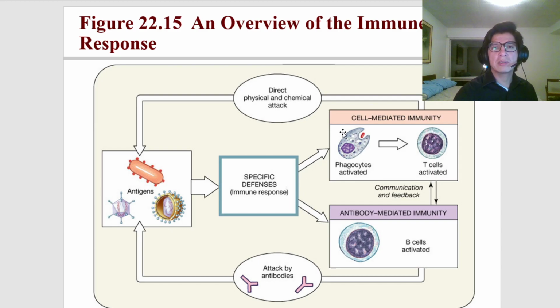You have your phagocytes doing this digestion and presentation to T cells. T cells with helper T cells telling the B cells, activating the B cells, differentiating, maturing into plasma cells, and they release these antibodies that attack the antigens. T cells themselves, through cytotoxic T cells, are going to attack the foreign invader.